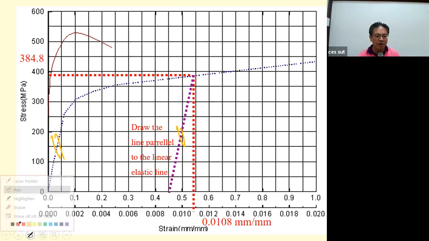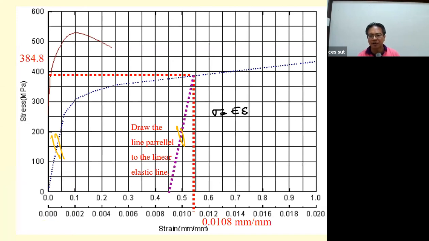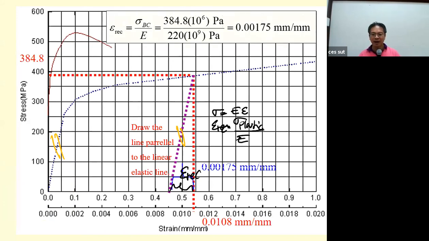Then from the equation sigma equals E times strain, what we're looking for is the strain here, which is going to be the strain recovery. So strain recovery is going to be the stress at the plastic divided by E. You can compute this one, and you get the recovery strain of 0.00175.